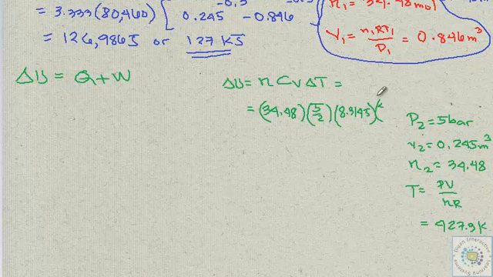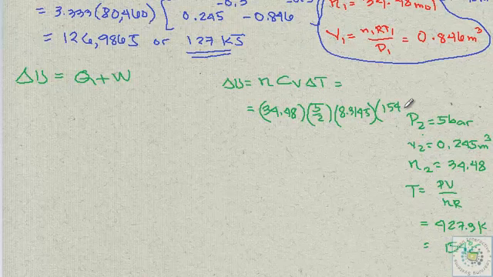Or let me convert that to Celsius: minus 273.15 gives me 154 degrees Celsius, just rounded off.